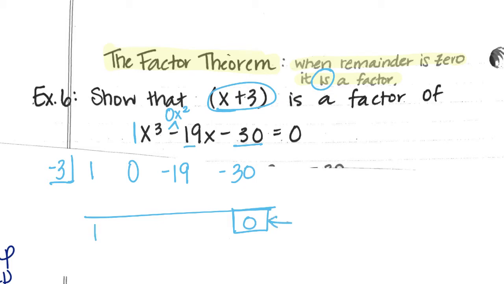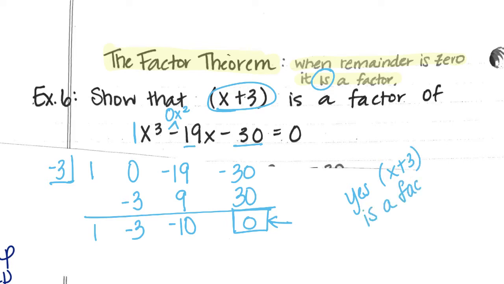Drop the 1, multiply, add down, multiply, add down, multiply up. The remainder is a 0. So yes, x plus 3 is a factor.